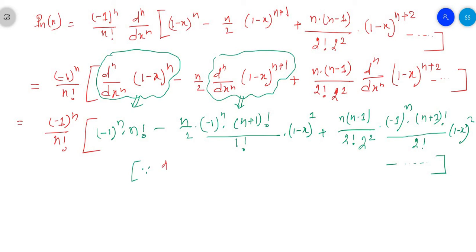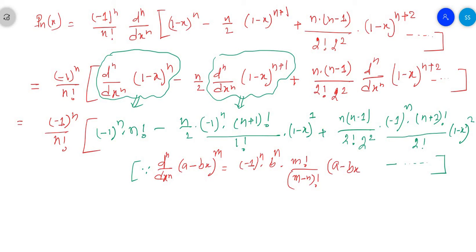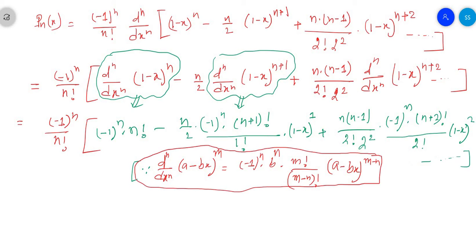Since d^n/dx^n of (a minus bx)^m is equal to (-1)^n b^n m factorial over (m minus n) factorial (a minus bx)^(m-n). Each term of the above series contains (-1)^n, so we can take out (-1)^n from the series.